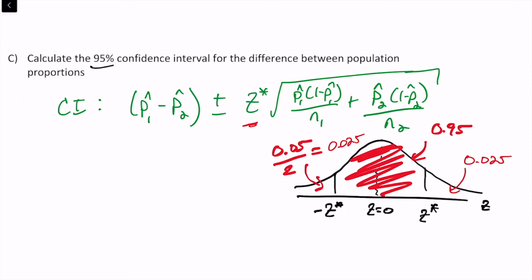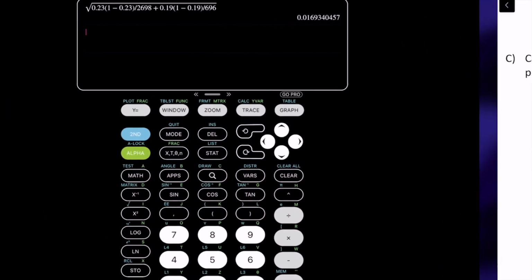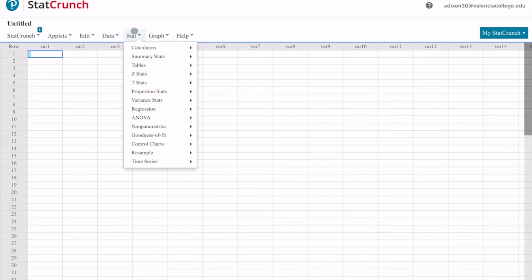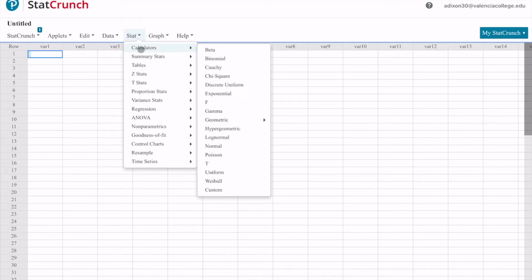Okay, so now we're going to go to StatCrunch. Remember, we go to Stat, we go to Calculators, and we're going to the normal distribution.